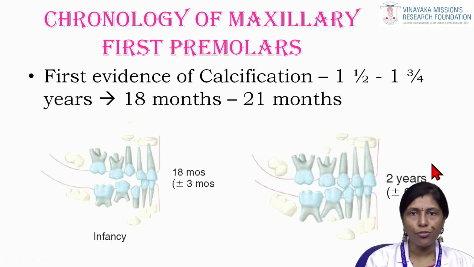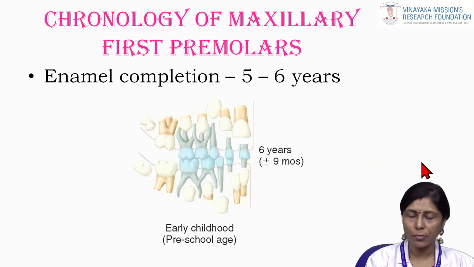Coming to chronology of maxillary first premolars. First evidence of calcification, that is hard tissue starts forming, at around the age of 1.5 to 1.75 years, that is around 18 months to 21 months. The first evidence of calcification of maxillary first premolar occurs. This is the timeline. Chronology means timeline.